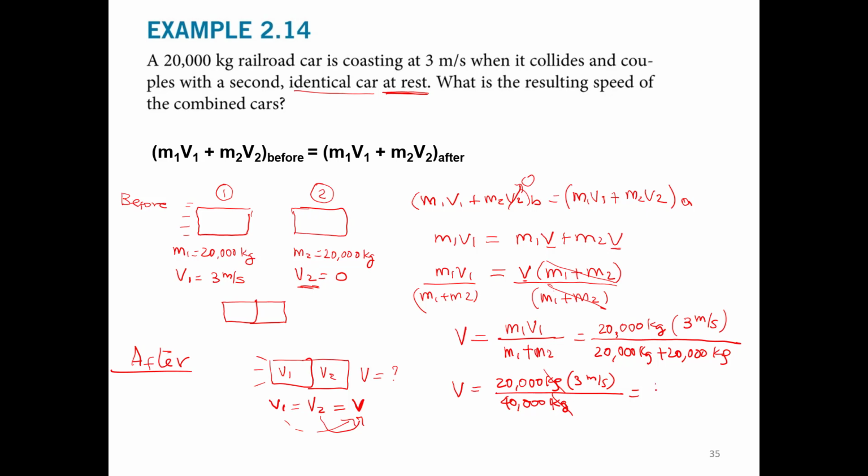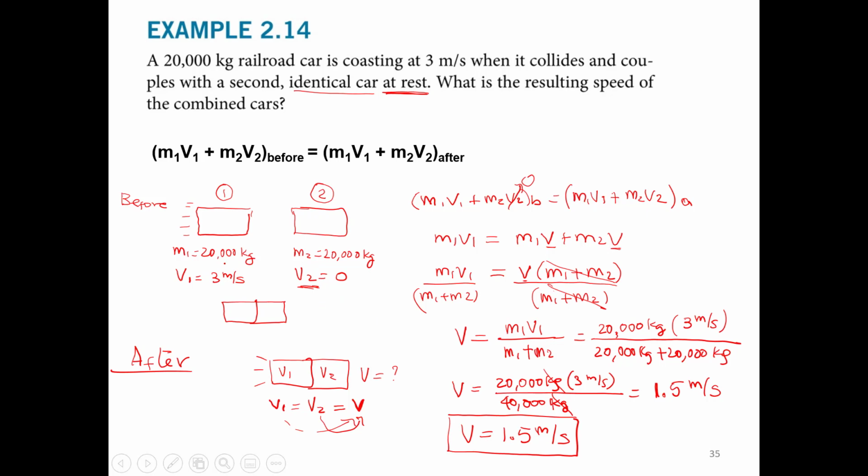And here you will have the answer, 1.5 meters per second. I know if we take into account the significant digits it will be 2, but I want to leave the answer like that because I want to show you something.